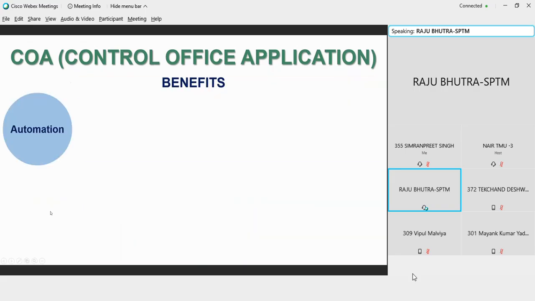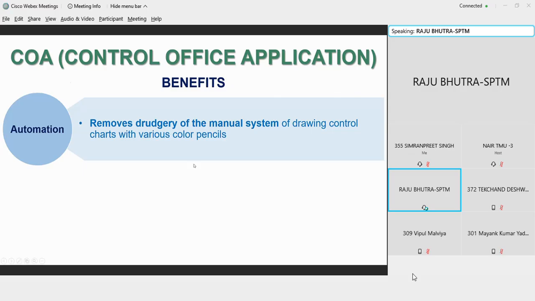What are the benefits? Automation. It removes the drudgery of the manual system of drawing control charts with various color pencils. So earlier, manual charts were prepared using various colored pencils and rulers. Now that manual system has been dispensed with, and this electronic system is used for charting of trains.